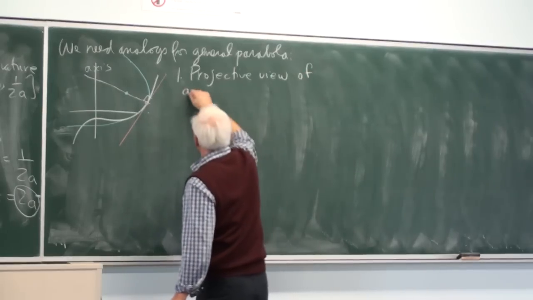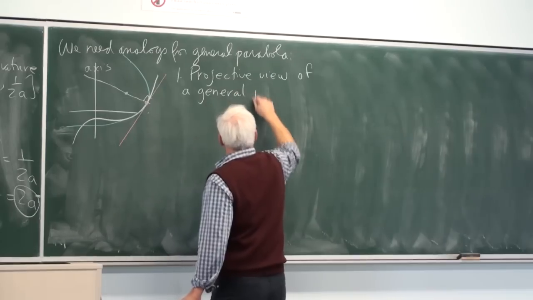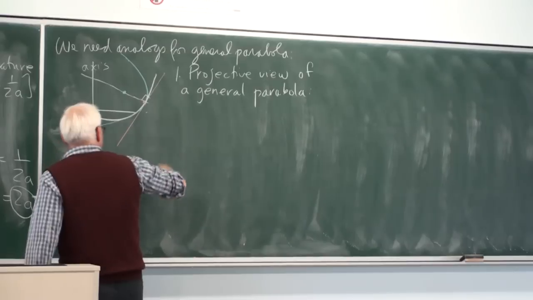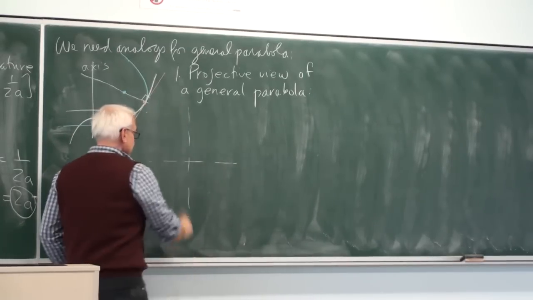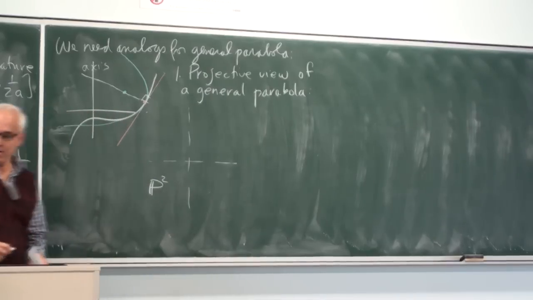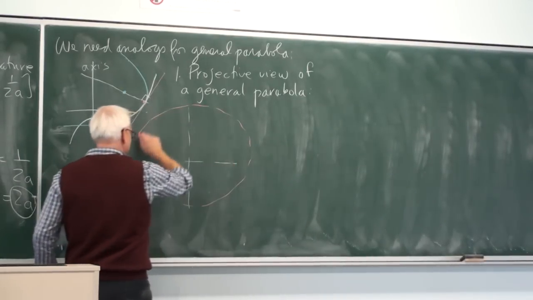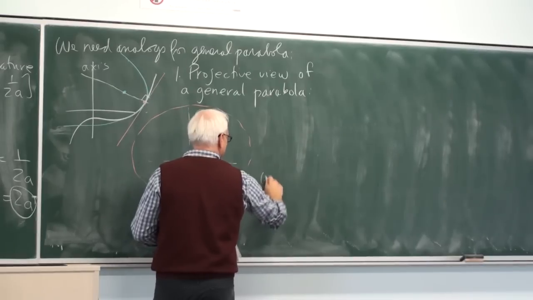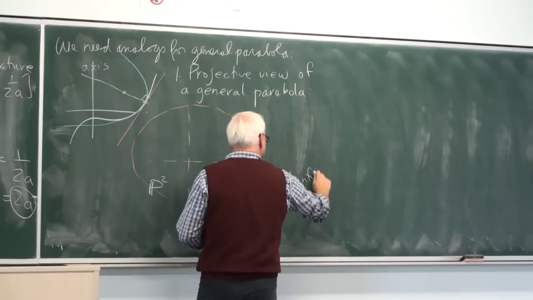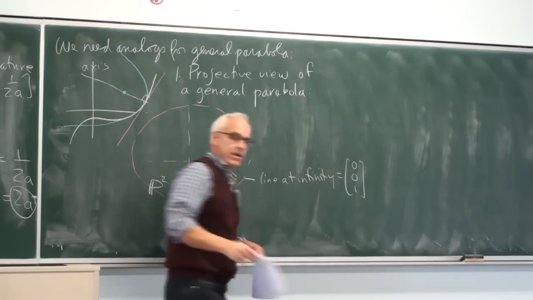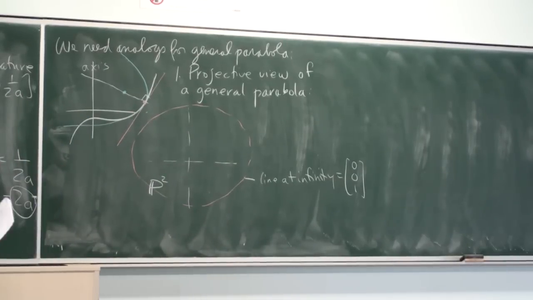Projective view of a general parabola. So what is the projective view of a general parabola? Well, it's simply this: if this is the projective plane with its line at infinity, which we're usually denoting 0, 0, 1, then a parabola can be defined to simply be a conic which is tangent to the line at infinity.